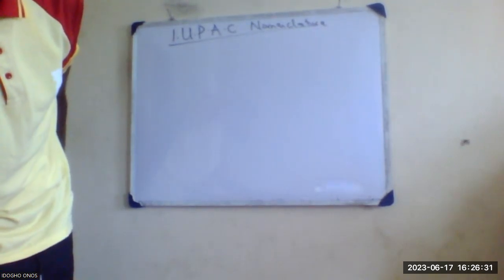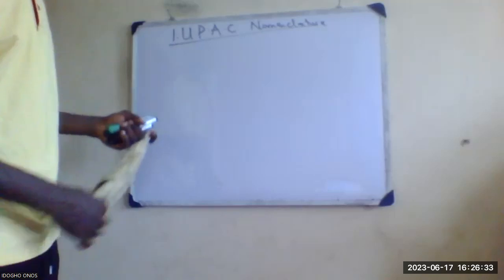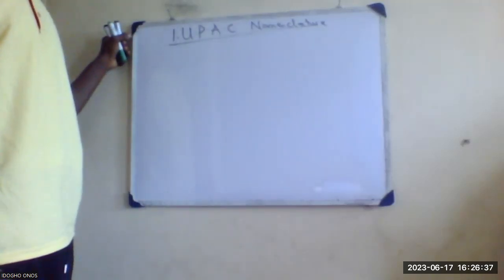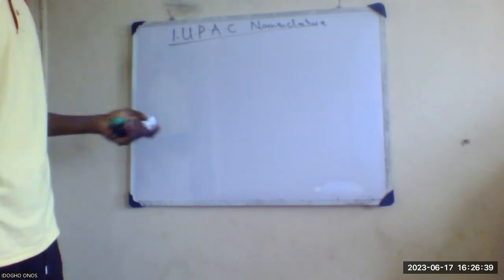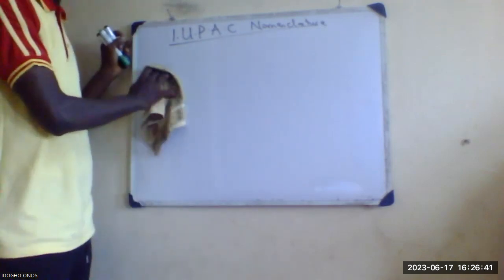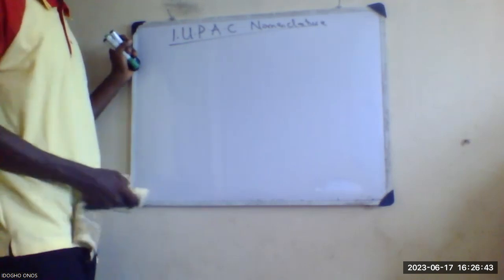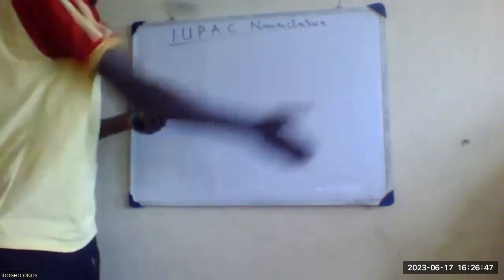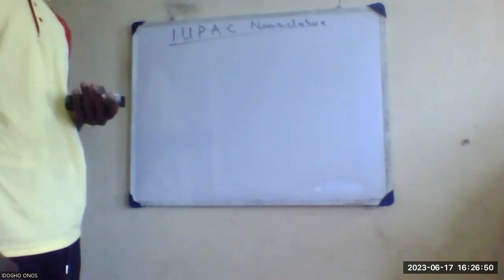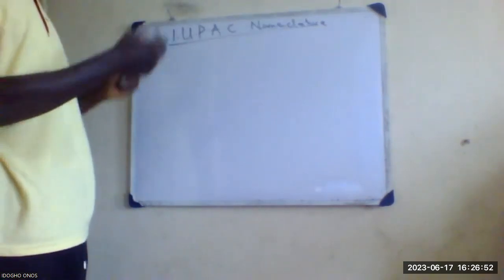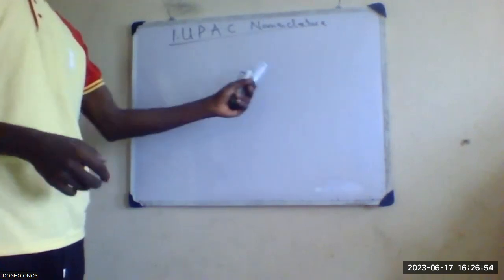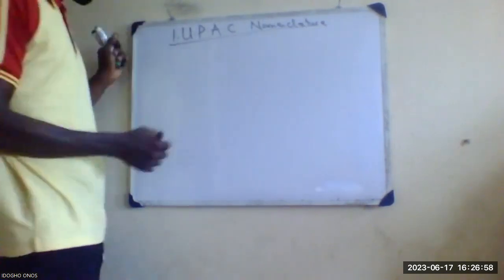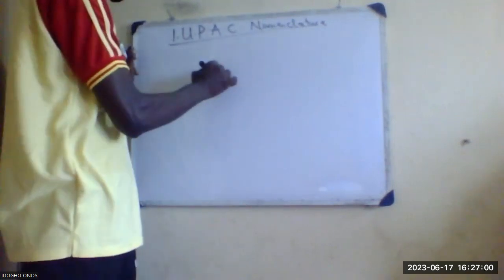The nomenclature simply means a systematic way of naming compounds. It applies to organic compounds and inorganic compounds. So what we are looking at is IUPAC nomenclature of organic compounds. Are you with me? Yes.